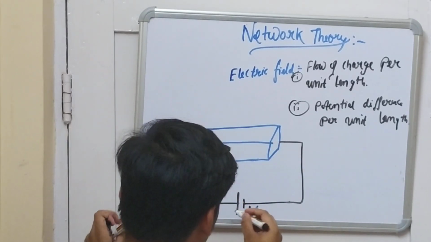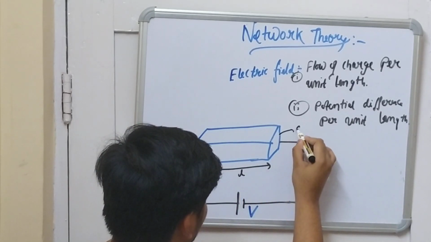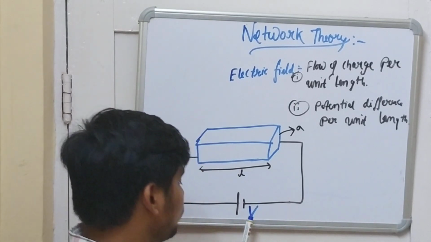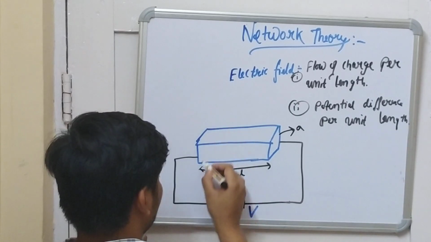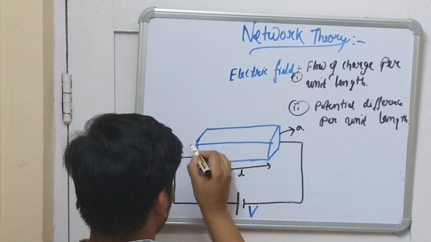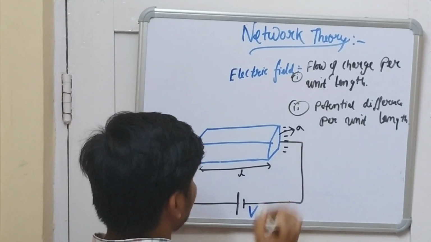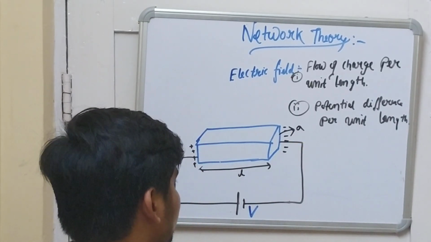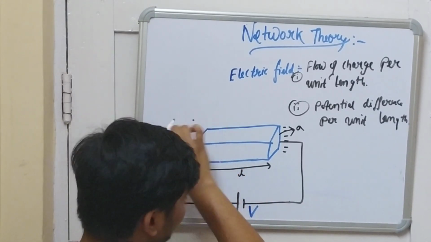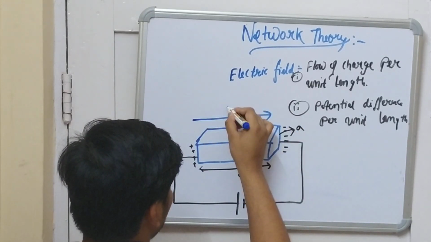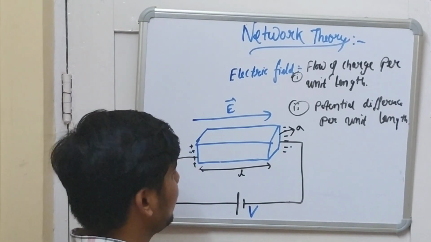The length is L, and the cross-sectional area is A. As soon as we apply this battery source, plus charges will get accumulated here and there will be minus charges. And the electric field will be set up from plus to minus, in this direction.